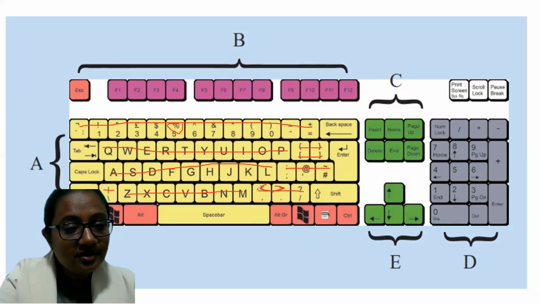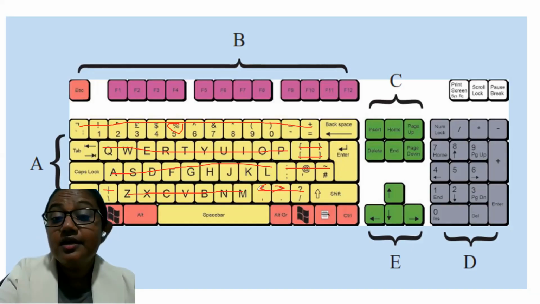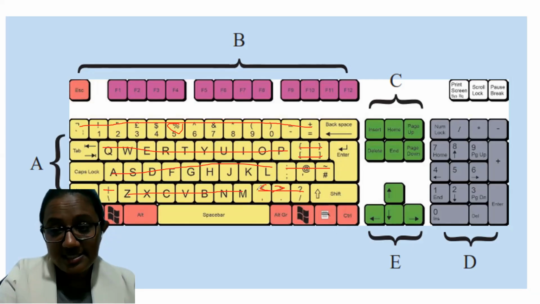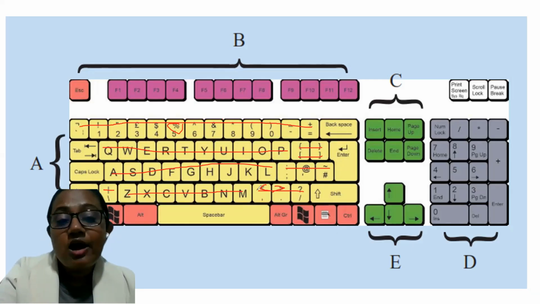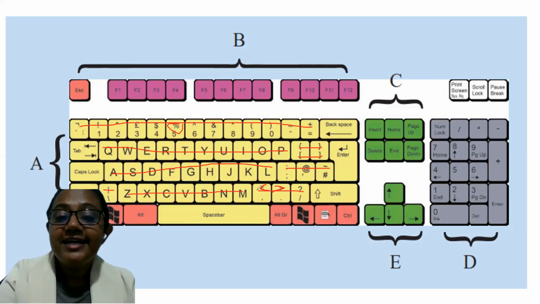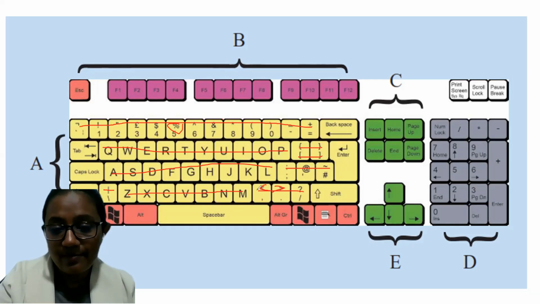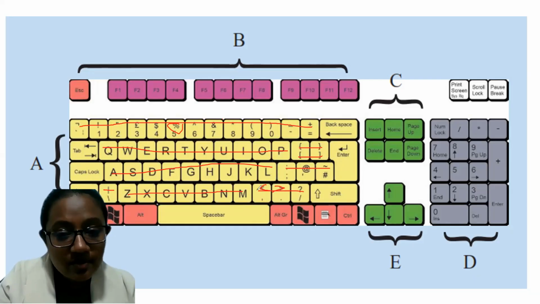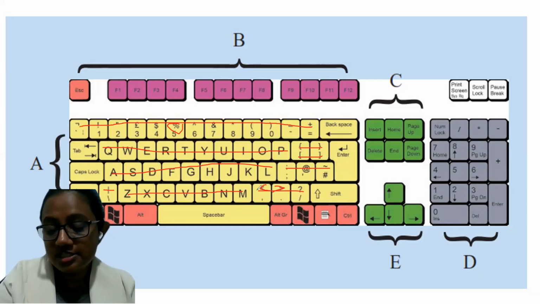Tab, caps lock, shift, space key, shift, enter, backspace. Yes, well done. All these keys also belong to type-in keys. It means tab, caps lock, shift, space bar, enter, backspace.